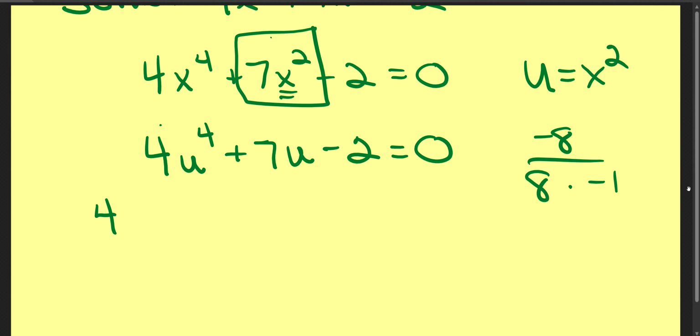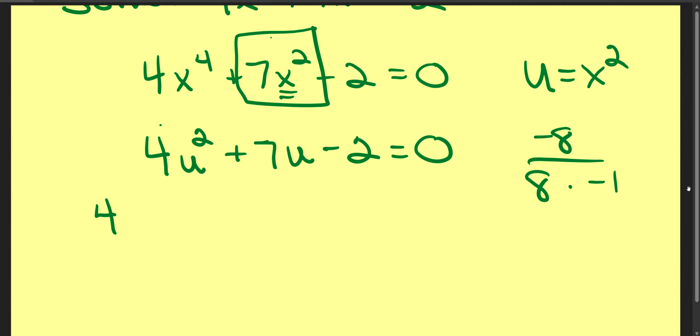I'm looking at my previous work here. This is not right. Let's get rid of that 4. That should be 2. Let's make that a 2, because u equals x squared. So that would make it x squared raised to the second power, which is x to the 4th. So this is what I want, not 4u to the 4th.